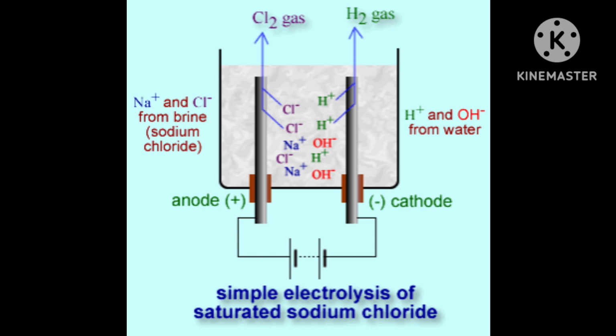Remember, at the cathode higher value is preferred, but at the anode lower value is preferred. The reaction at the anode with lower standard E is preferred, and therefore water should get oxidized in preference to chloride ion.